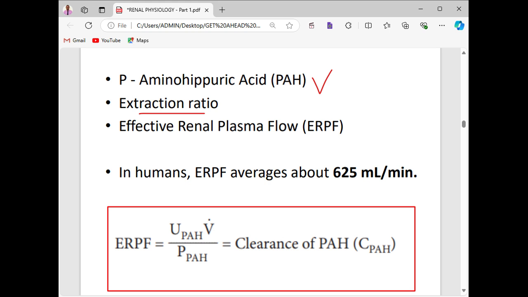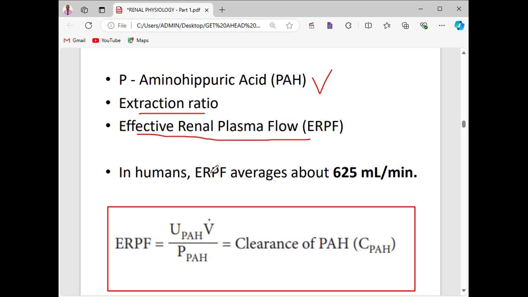So after you've done those calculations, the value that has been obtained is what is known as the effective renal plasma flow.